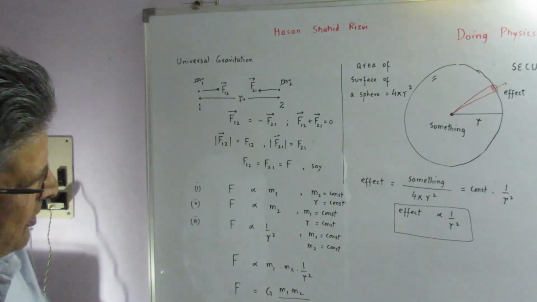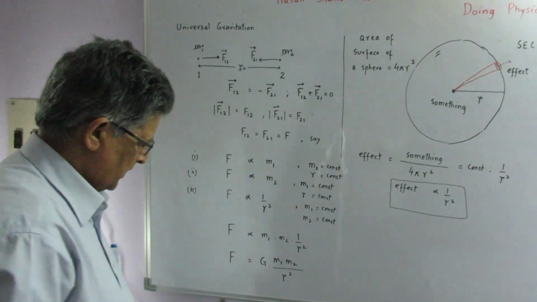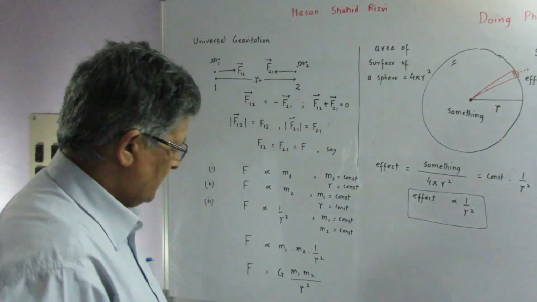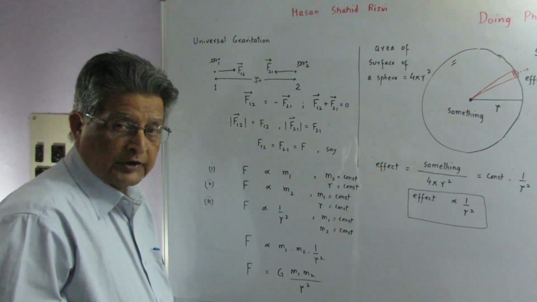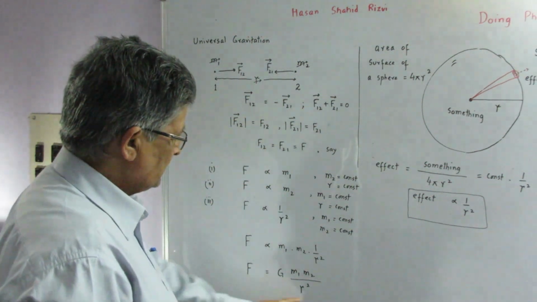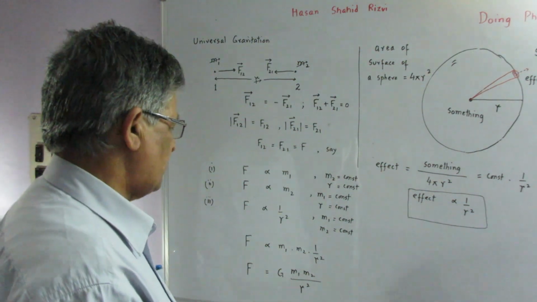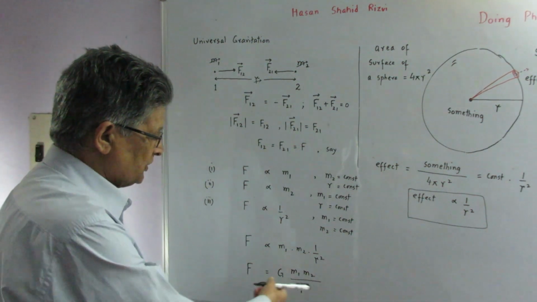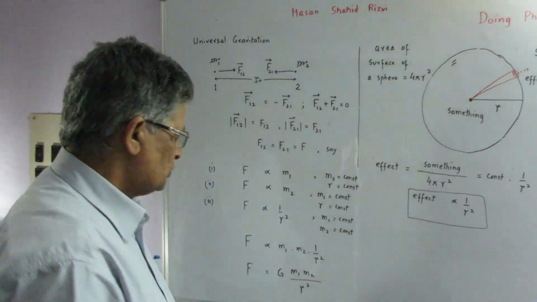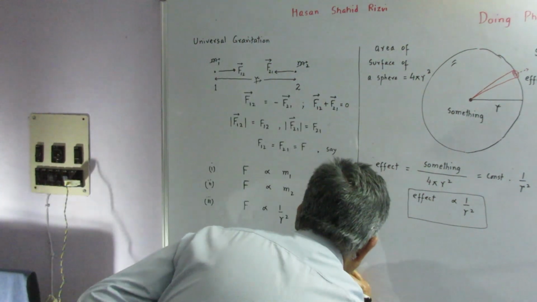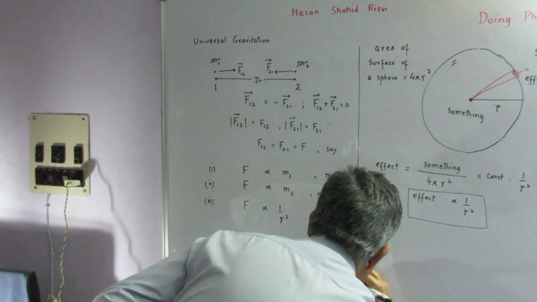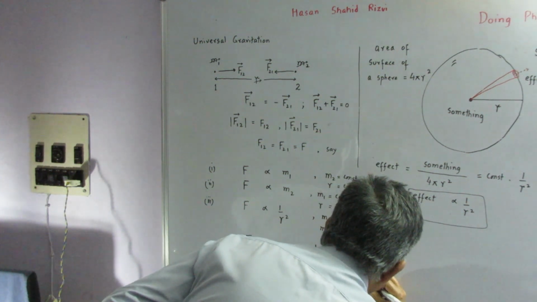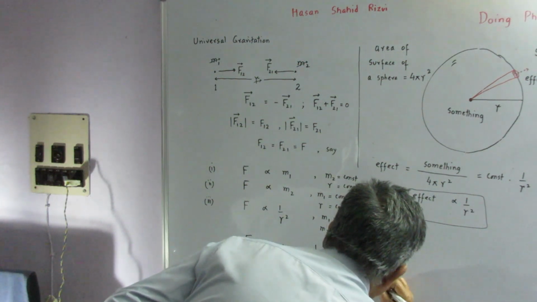So we obtained the formula, and I said in my first lecture that obtaining the formula is not physics, but once we have obtained the formula, we try to analyze and synthesize what is the meaning of these things. So this G is the constant for the entire system.